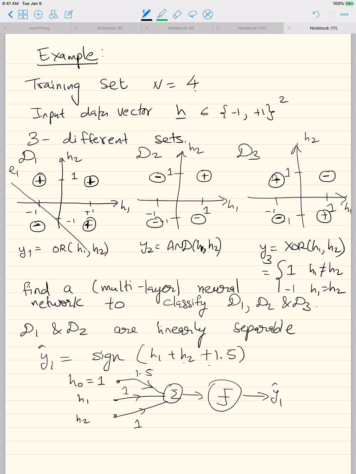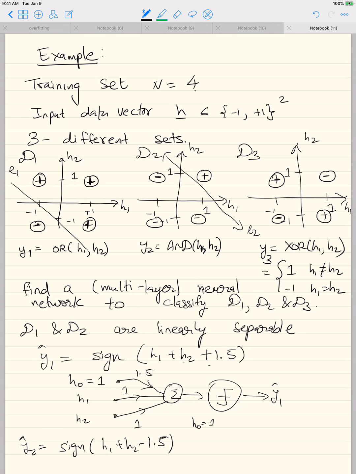Similarly, note that the data set D2 is also linearly separable. I will draw a line like this, L2, and Y2 hat can be written as the sign of H1 plus H2 minus 1.5. This is an example of a line that properly classifies the second data set.